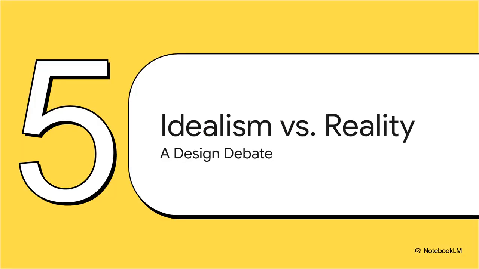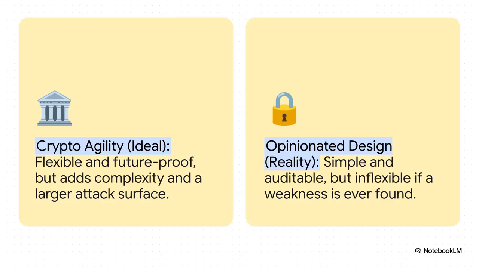So, all of this brings us to this really interesting debate, a kind of philosophical clash right at the heart of software design. And it's a debate that's happening right inside the Linux kernel. On one side, you have that crypto agility idea we talked about. It's flexible, it's future-proof, but it's also more complex, which means there are more places for things to go wrong.